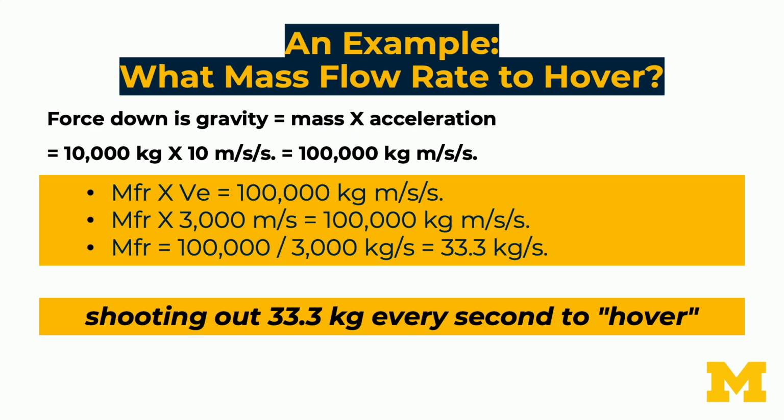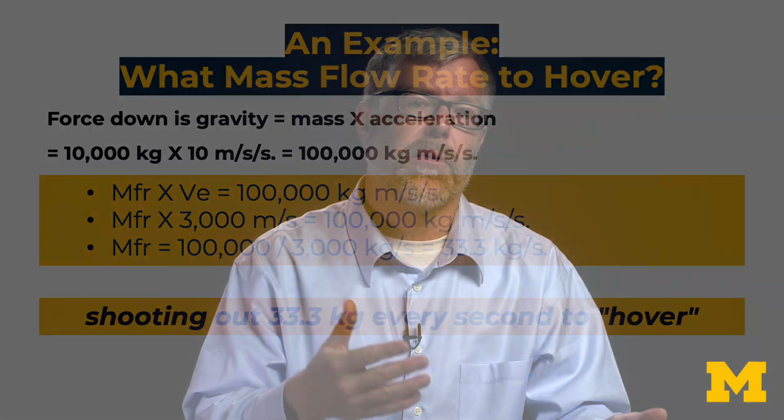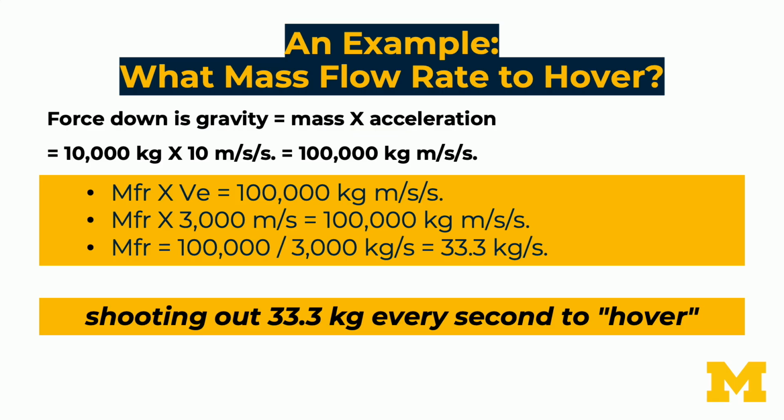And so we don't know the mass flow rate or the exhaust velocity, but the exhaust velocity for rockets is usually around 3,000 meters per second. That's very standard. So let's just assume that. So then plugging that into our equation, we have the mass flow rate times 3,000 meters per second is equal to this 100,000.